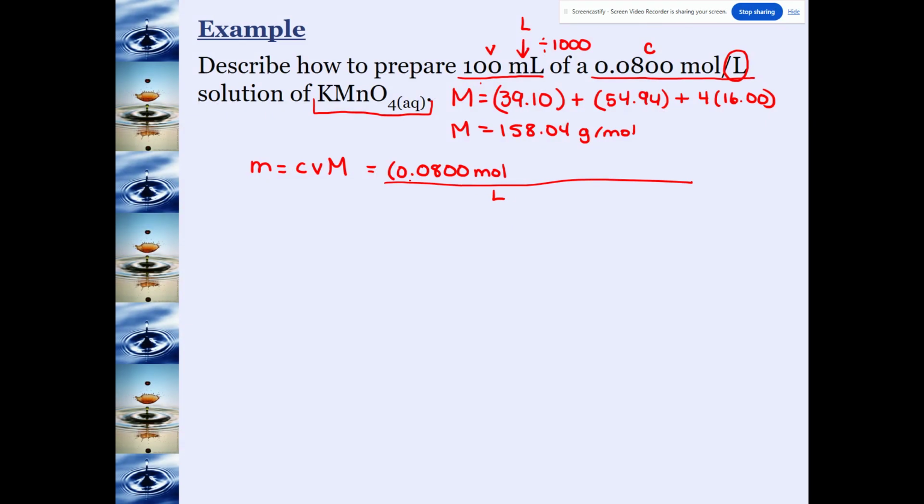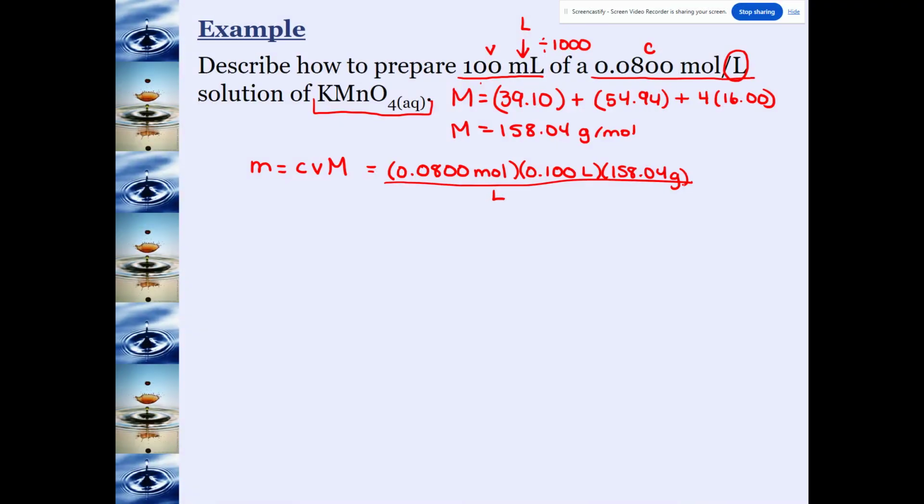I only write this division symbol again to show my units for unit analysis. There's no numbers down there. It's just for unit analysis, which is important in chemistry to make sure you have your answer in the proper units. Okay, so my volume in liters is 0.100 liters, and my molar mass is 158.04 grams over mole.